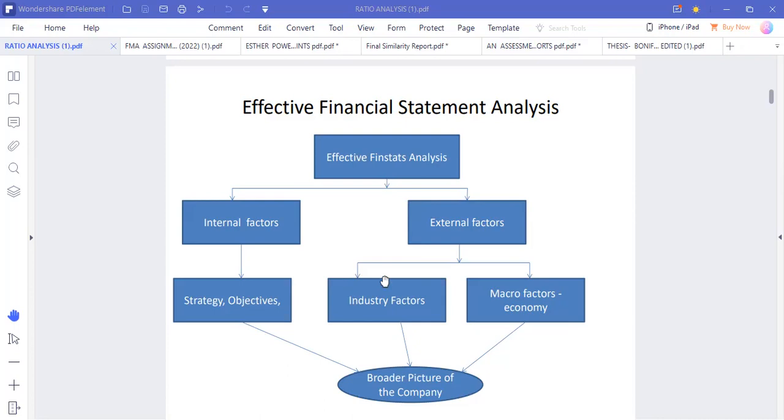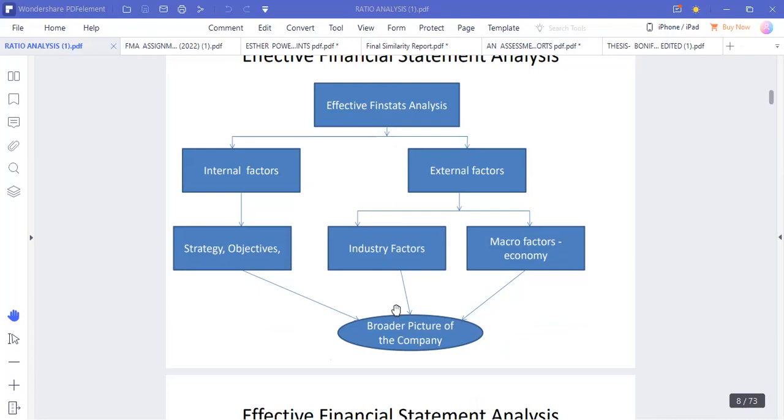The micro have to do with the industry factors, and the macro have to do with the factors that affect the economy as a whole. These stem from inflation, exchange rates, and other macroeconomic factors that may even emanate from political influence. So basically, the financial statement analysis gives you a broader picture of this firm.